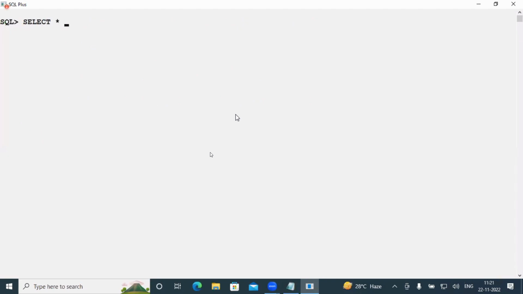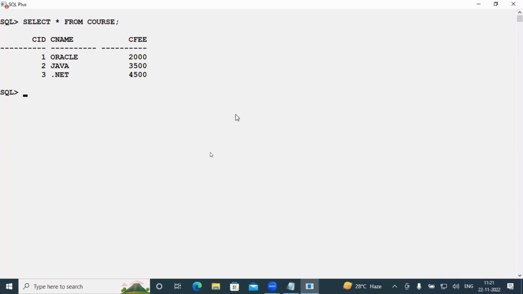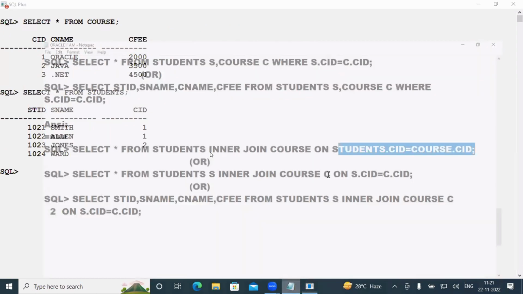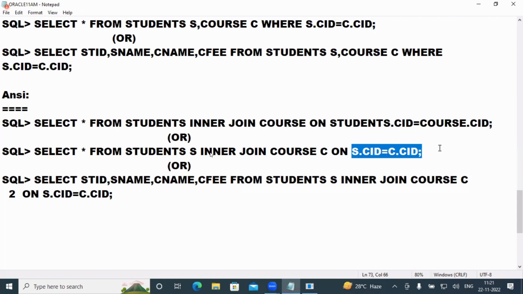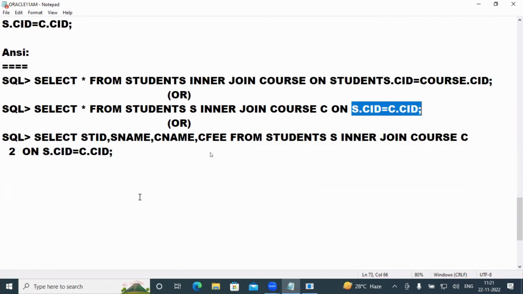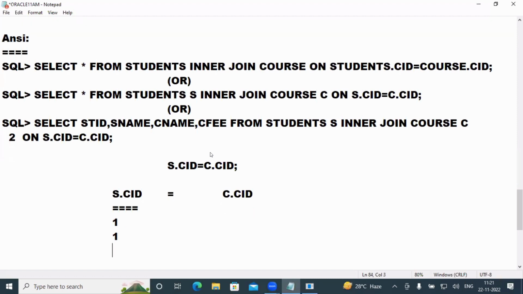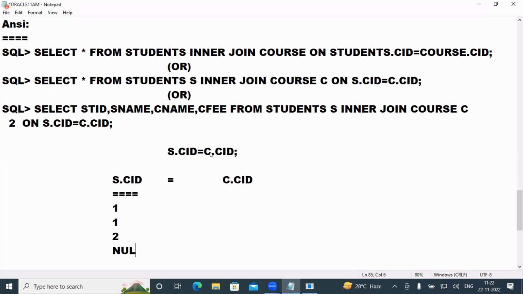Yesterday we designed two tables: one is our course table and one is our students table. So this is my condition: S.cid is equals to C.cid. How will this condition be checked? The student CID column is compared with the course CID column. In the student table we have 1, 1, 2, and null.